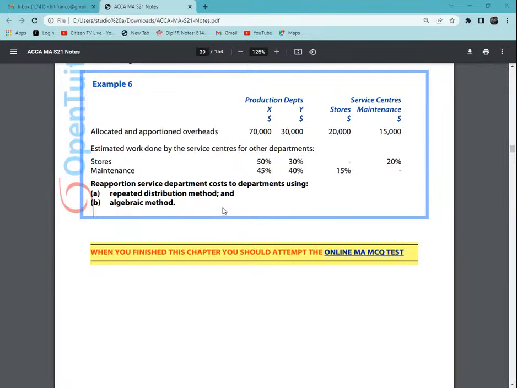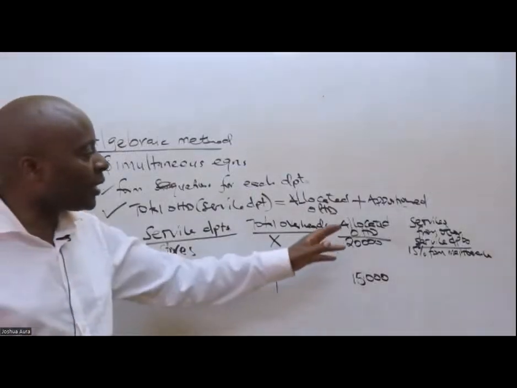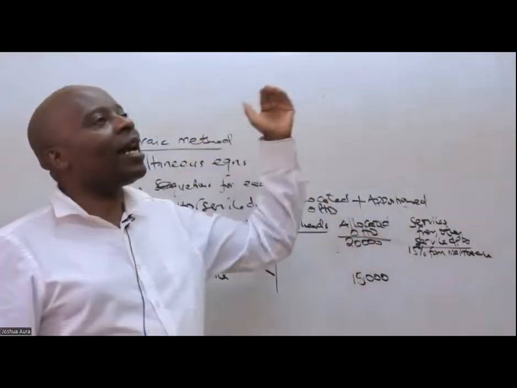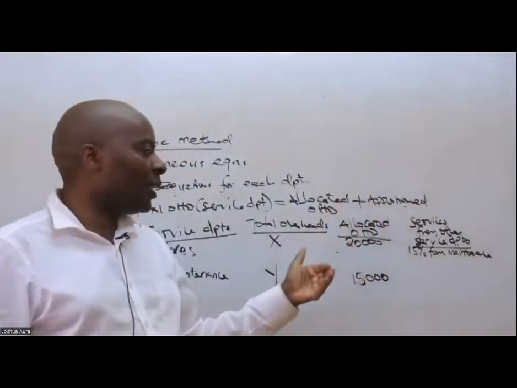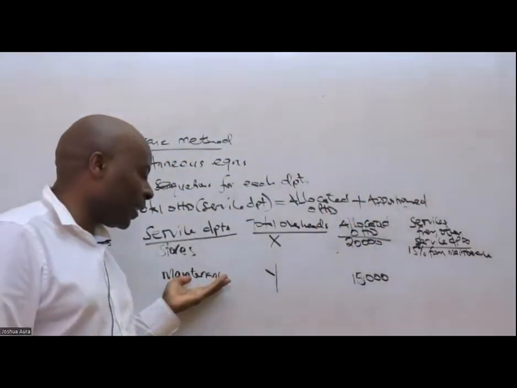So like stores did 50% to X, stores did 30% to Y, and then stores, in this case, did something to maintenance. Are you able to see the maintenance? I would want to be very, very clear here. Ladies and gentlemen, we are looking at services from other service departments. So now here we are looking at maintenance.